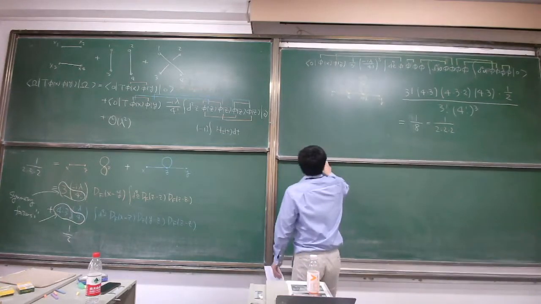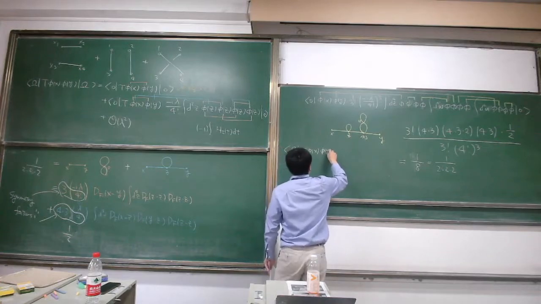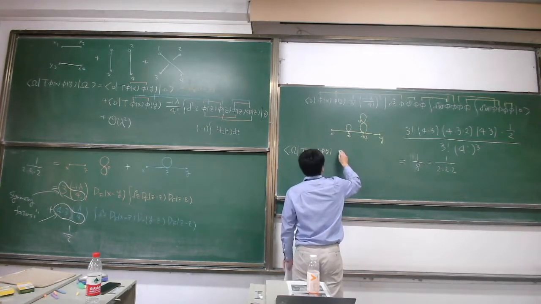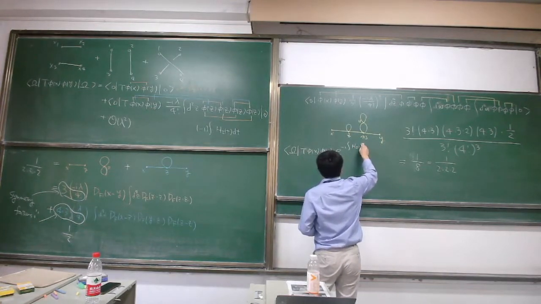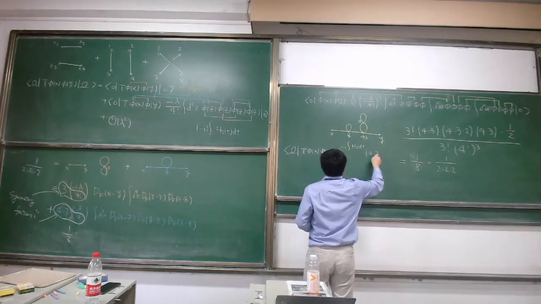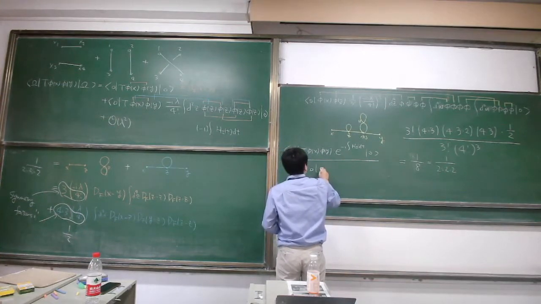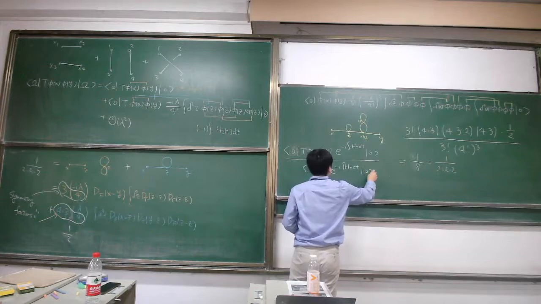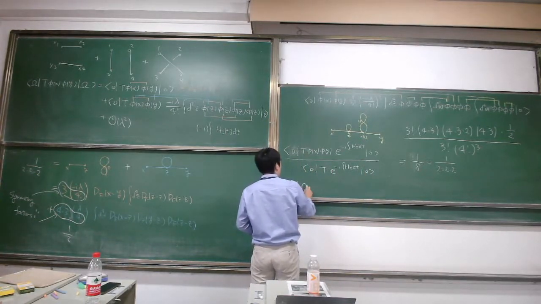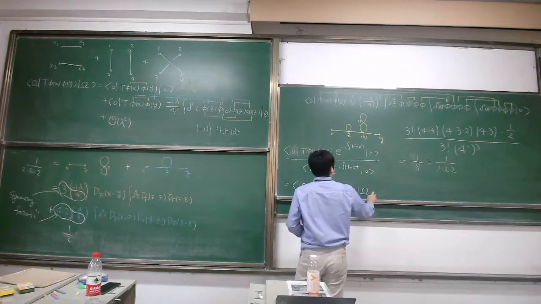So as you recall, this is the correlation function in the interacting theory, omega.